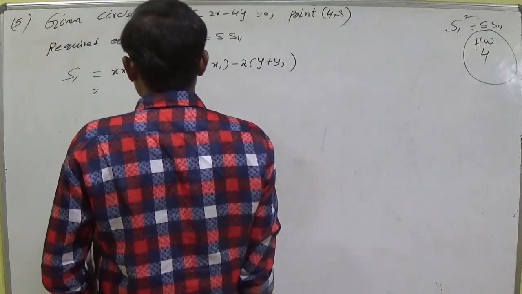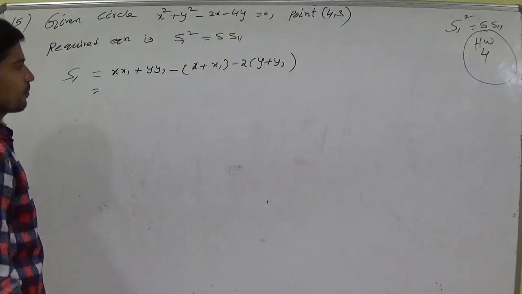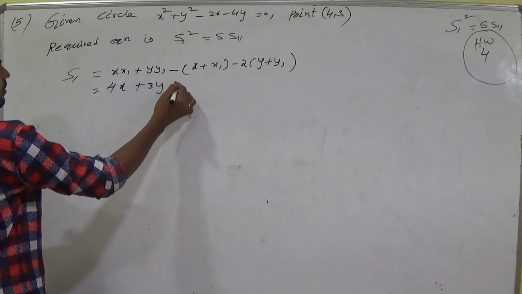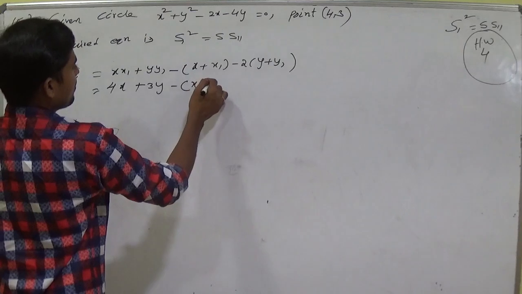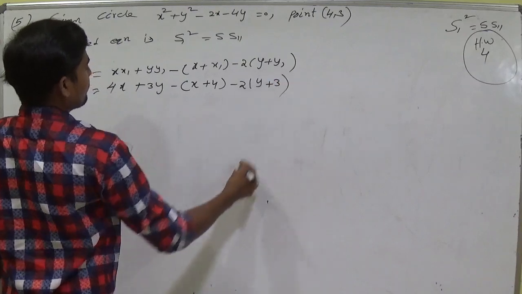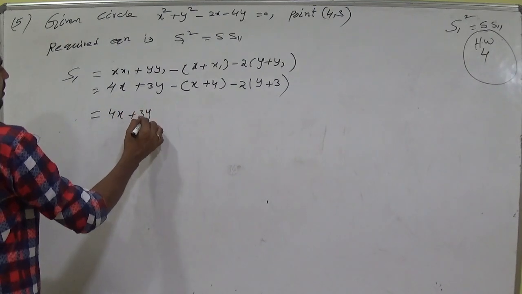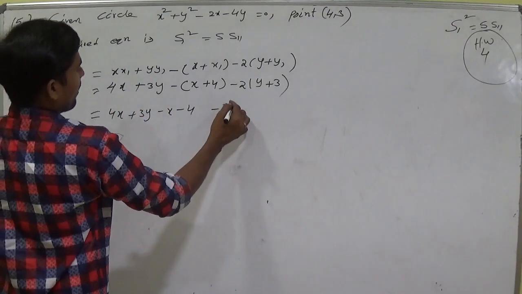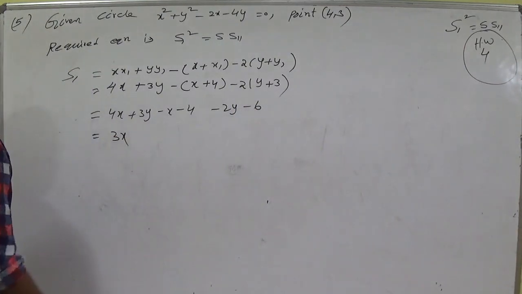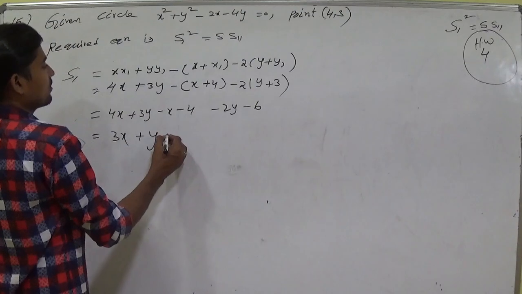What is x1, y1 here? 4, 3. So 4x plus 3y minus x minus 4 minus 2y minus 6, which equals 3x plus y minus 10.